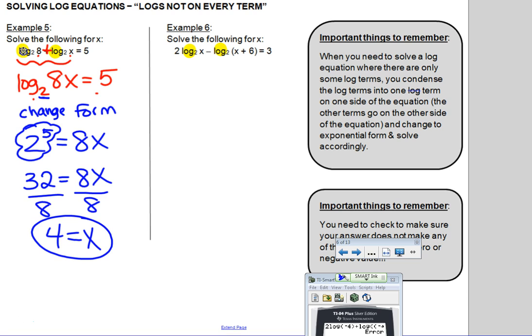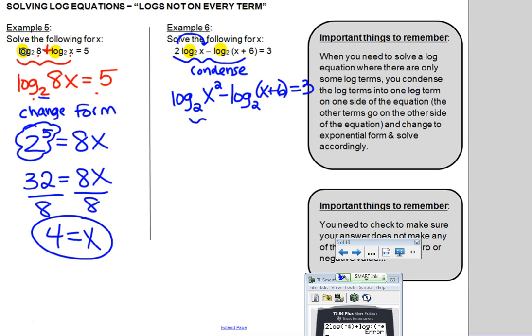Again, we only have logs on some of the terms. So we're going to try to condense this as much as possible. The 2 out here goes back up here as a power. Then these 2 right here, we have a minus sign, means we can put it back with division.